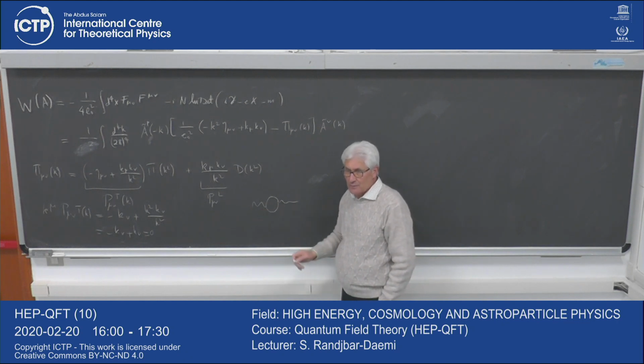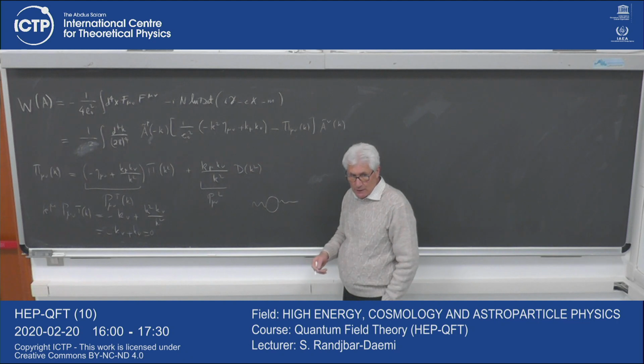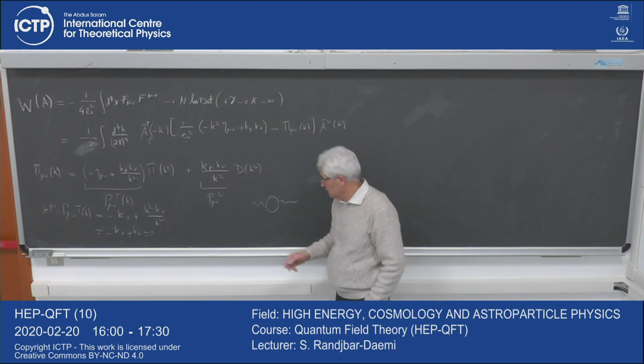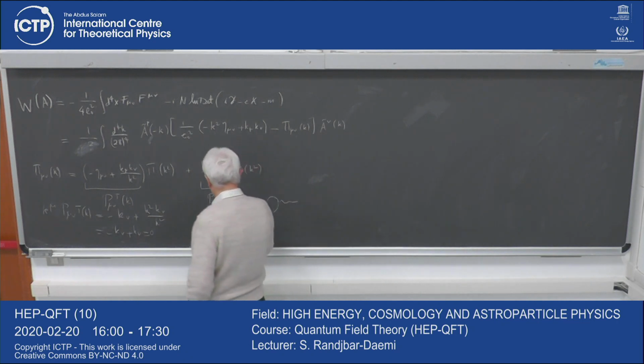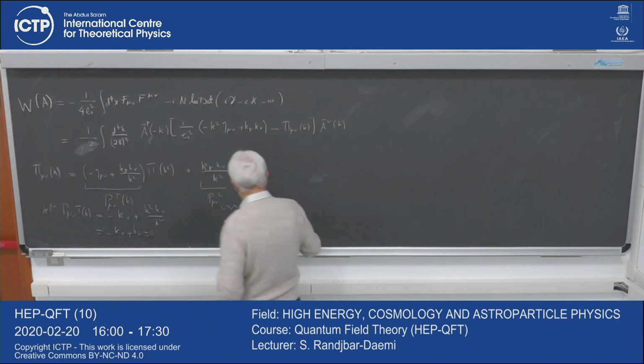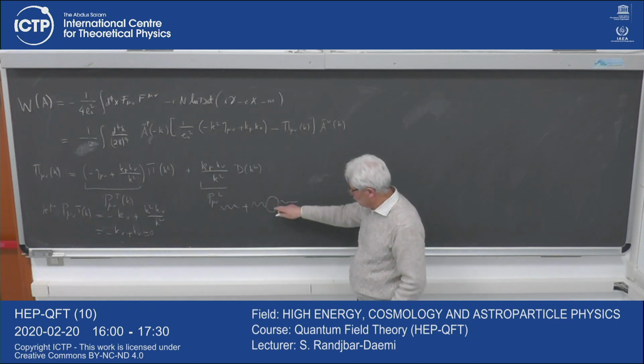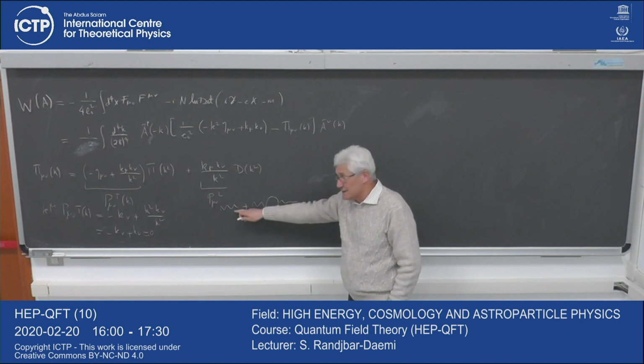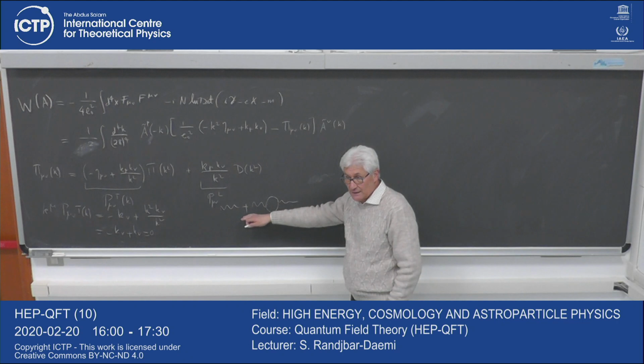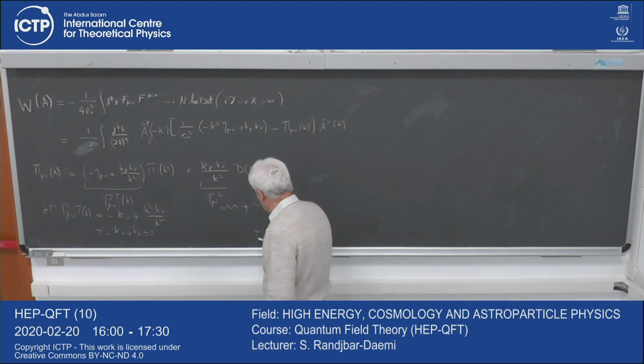Okay? But when we look at the exact photon propagator, this will be just the first quantum loop which will contribute to the three-level propagator. We will discuss this later on in great detail. If you have a quantized A field, of course, there will be other contributions like this.